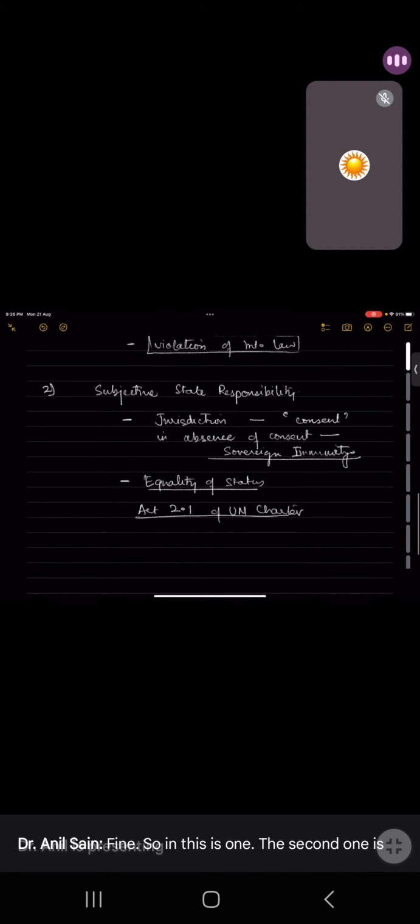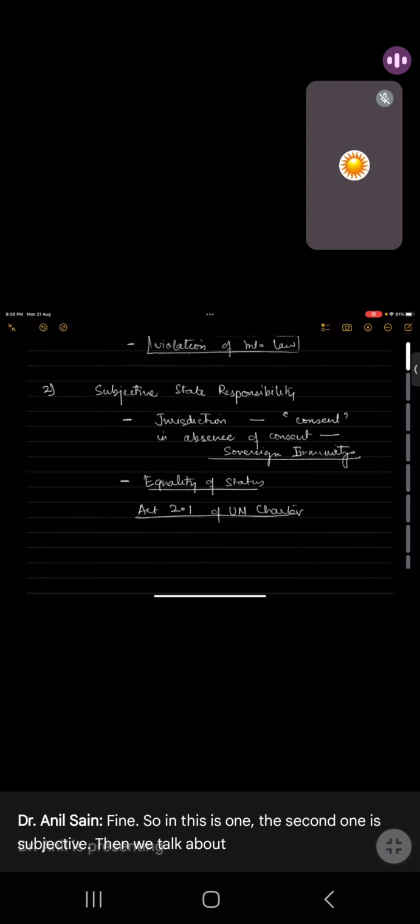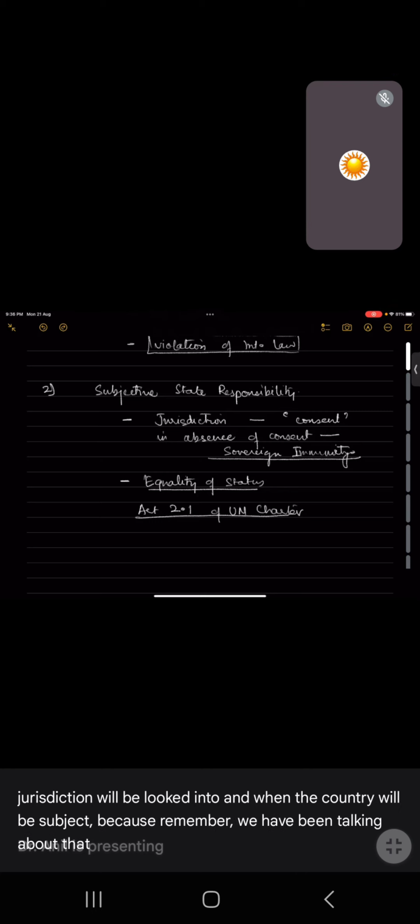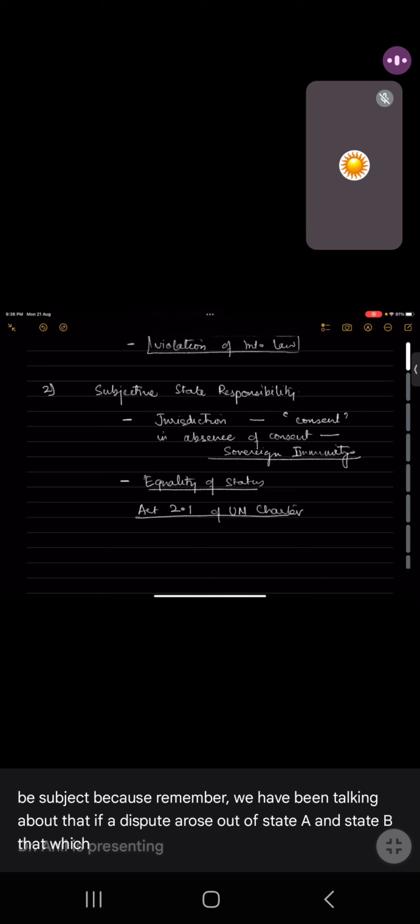Fine. So this is one. The second one is subjective. Then we talk about subjective, where the jurisdiction is looked into, that is, when the jurisdiction will be looked into and when the country will be subject. Because remember, we have been talking about that if a dispute arose between state A and state B, which jurisdiction shall be subjected?